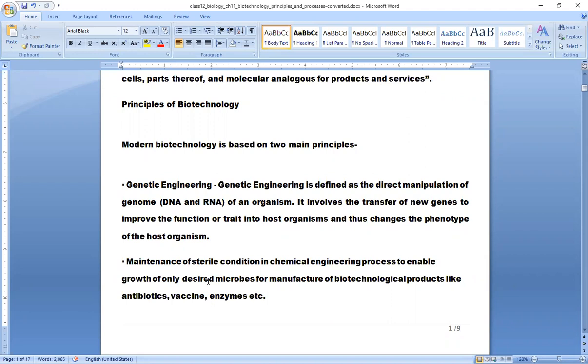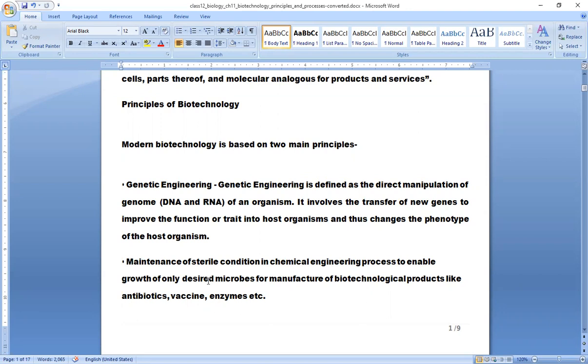So for that reason you need to maintain the sterile conditions where only and only penicillium can grow. So at last when you check the product out of it, you will only get the penicillium. So to limit the growth of the other microbes, you need to maintain the sterile conditions, right?